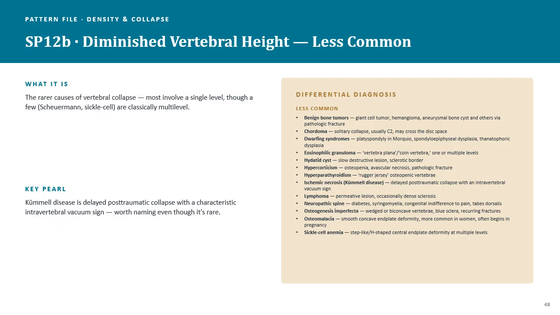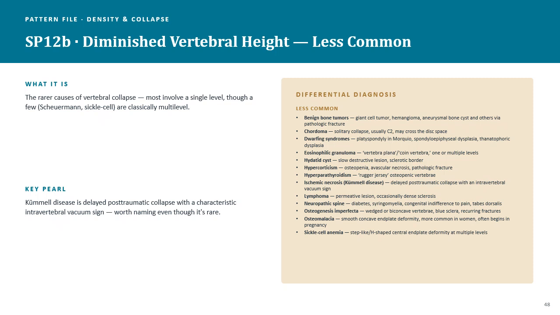With the loss of height, we already know that something has weakened that patient's vertebral body to the point that it has lost some height. So it could be a tumor, some sort of bone disorder, some sort of blood supply issue, or another disease that causes that loss of height.